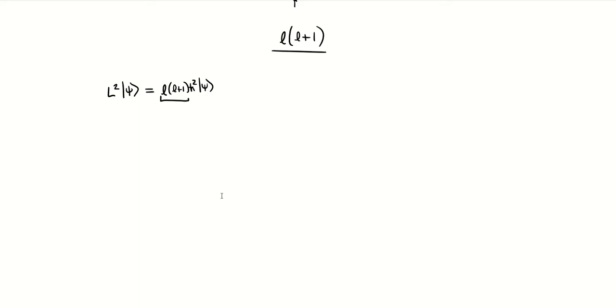Turns out these are called the Legendre polynomials, and they can be written in terms of what's called the Rodrigues formula: that polynomial is equal to 1 over 2 to the L times L factorial times the Lth derivative, d/dz to the L, of (z squared minus 1) to the L. So this is the Rodrigues formula.